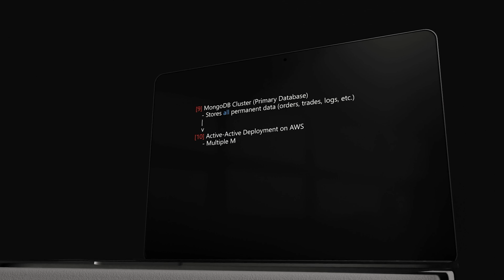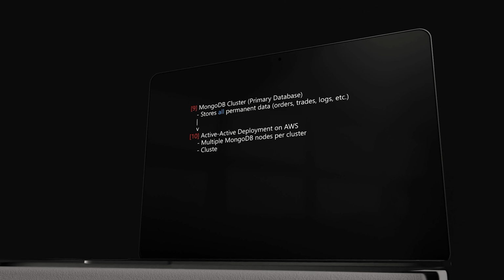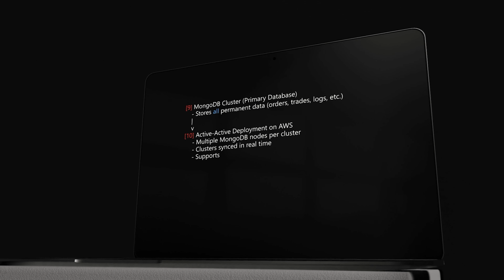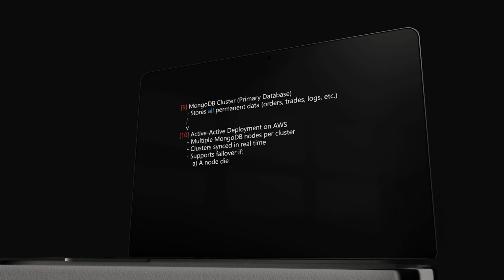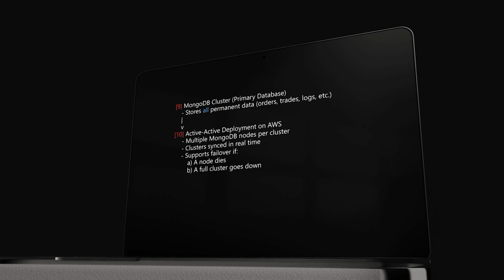So even if one of the nodes goes down, or even if the entire cluster goes down, all of your data is synced in real time between these nodes and clusters to ensure that there is no loss of data and the heart of Wizzer always remains resilient. In short, our data is not just stored, it's safeguarded, accelerated, and always available.